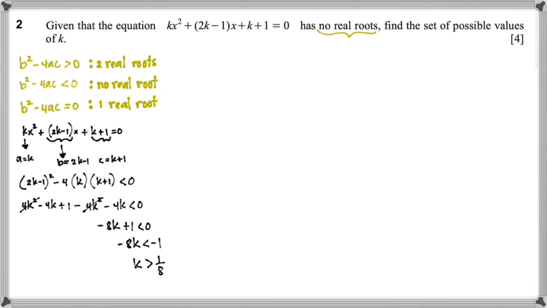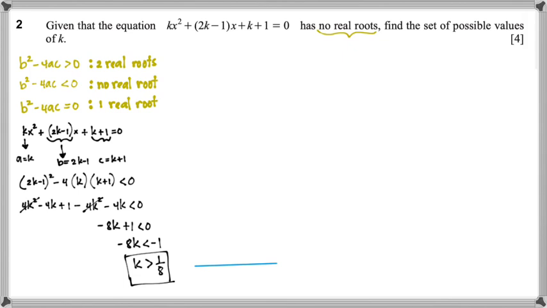So you get k is greater than 1 over 8. So find the set of possible values of k. So I think this one are the sets of values of k. So I think this is enough. So if you want to draw it out, it's also fine.